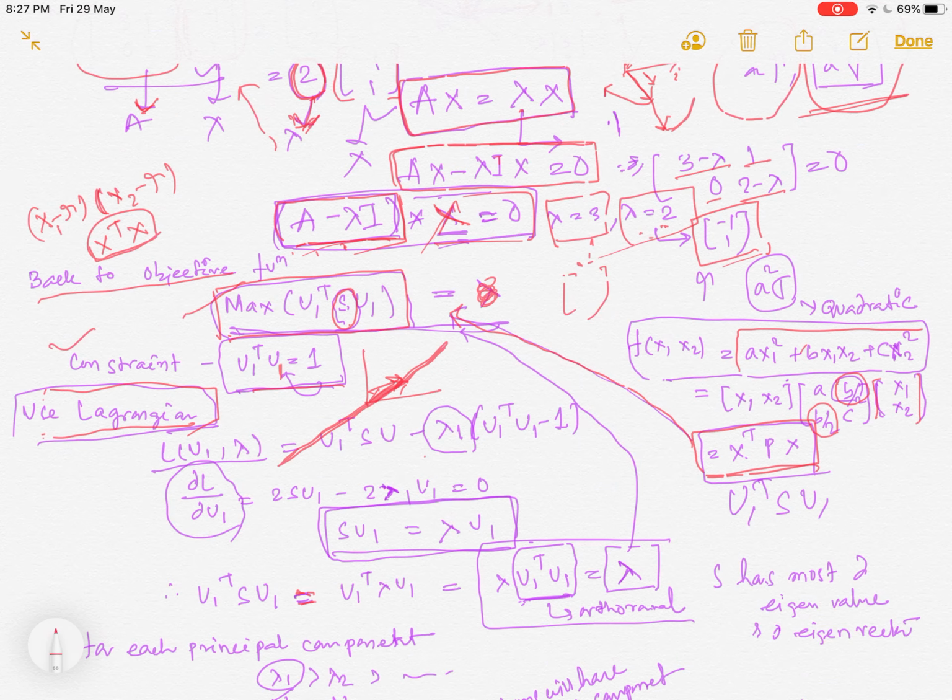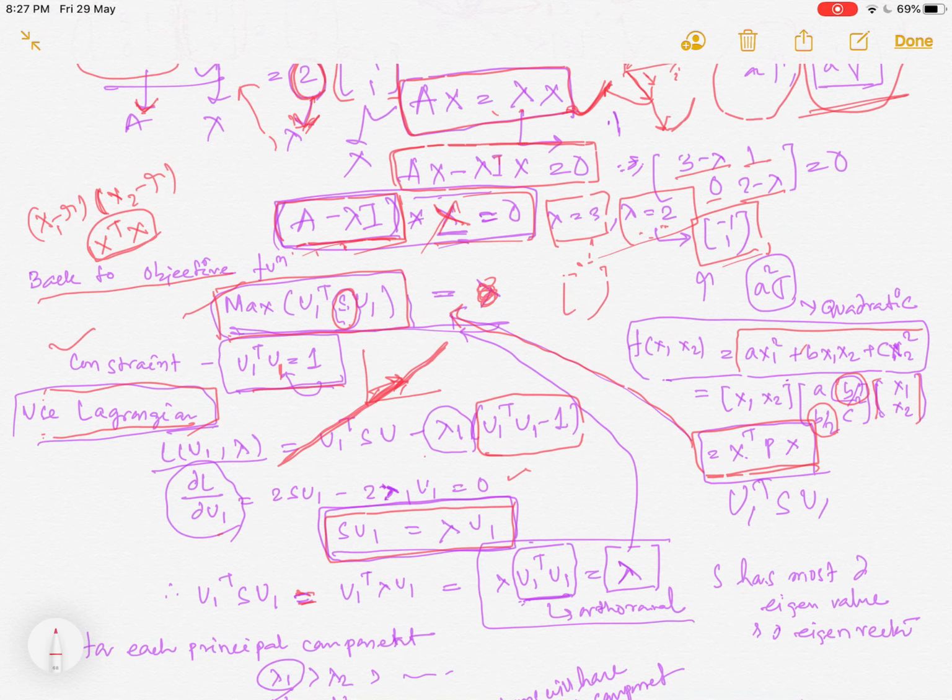Here the constraint will be u1 transpose u1, and we take 1 to the left hand side, and we have u1 transpose u1 minus 1. Now we differentiate this Lagrangian with respect to u1 and set it to 0. What we have is S u1 = lambda u1. You can see a similarity. This is the same type of equation that we got earlier when we were discussing eigenvalues and eigenvectors at the top.